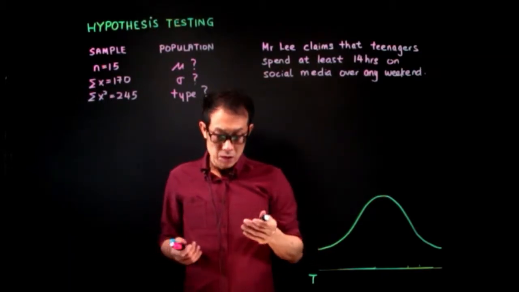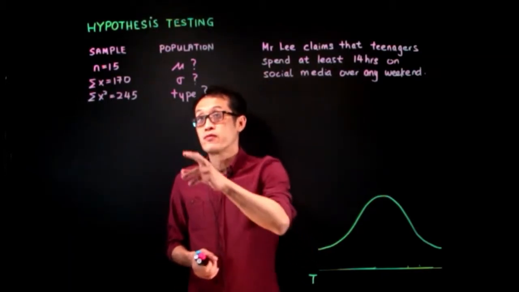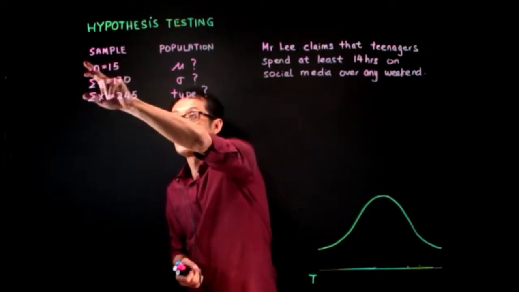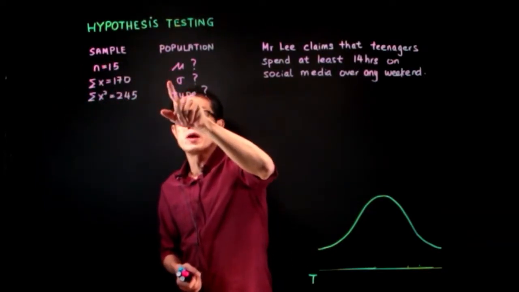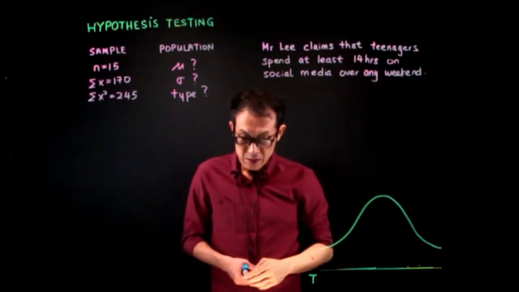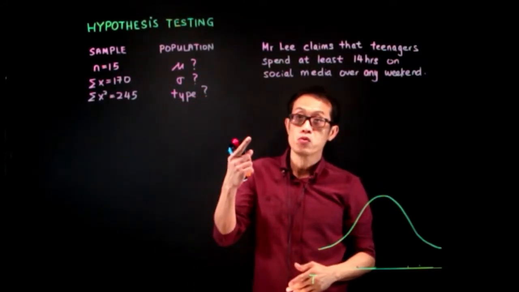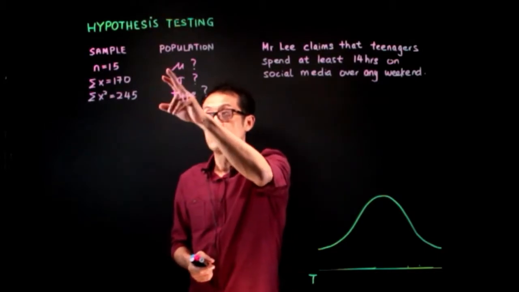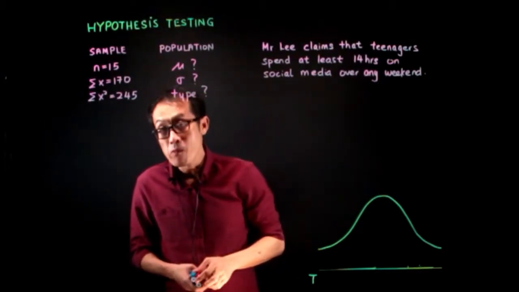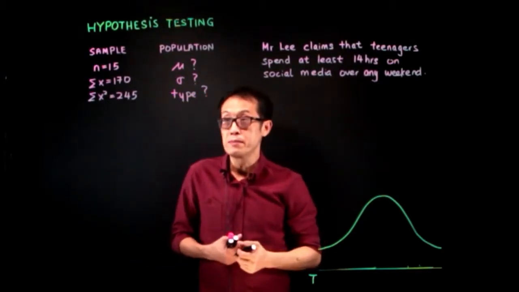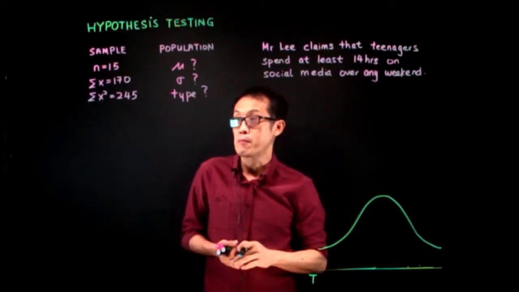So first of all, since mu and sigma are not given, we need to estimate the values of mu and sigma. So how do we estimate the value of mu and sigma?